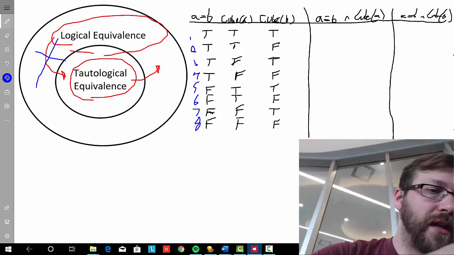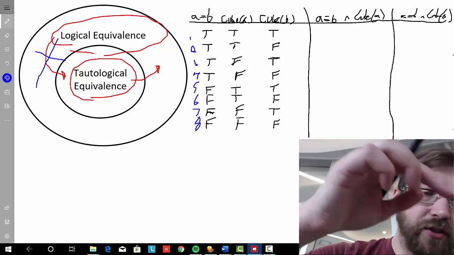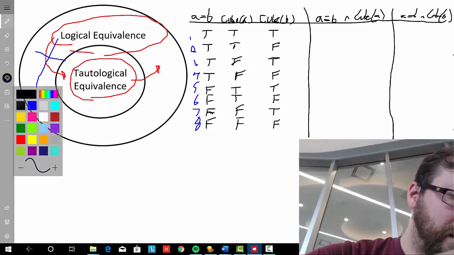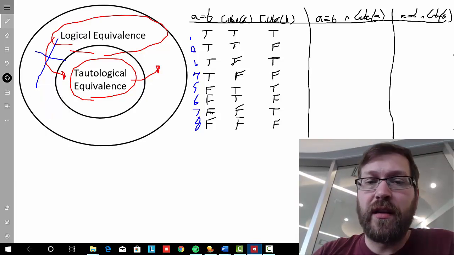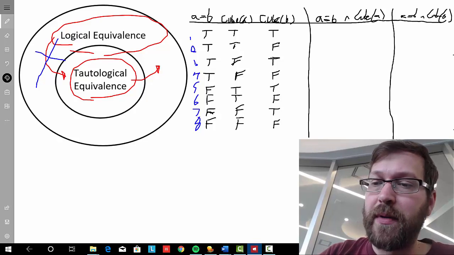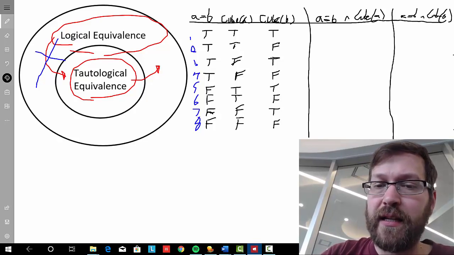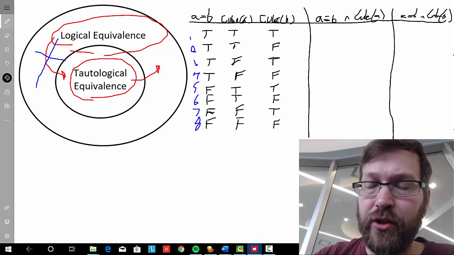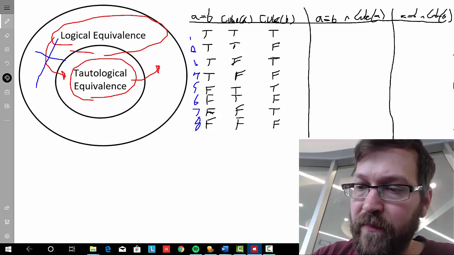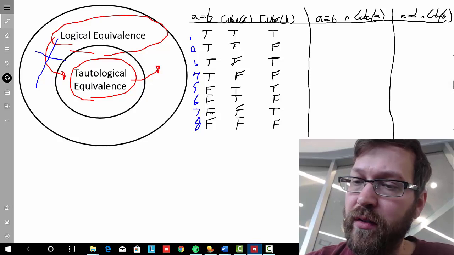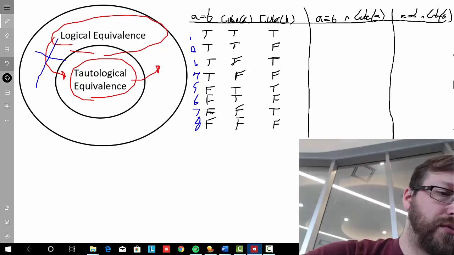All right, so let's look at the first conjunction first. In that situation, A is identical to B is true, and A is a cube is true, and a conjunction is true if and only if all of its conjuncts are true. So in situation 1, we get the value true.